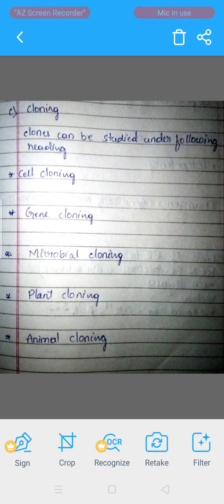A clone consists of asexual progeny of a single individual or cell, while the process or technique of producing a clone is called cloning. And clones can be studied under cell cloning, gene cloning, microbial cloning, plant cloning and animal cloning.